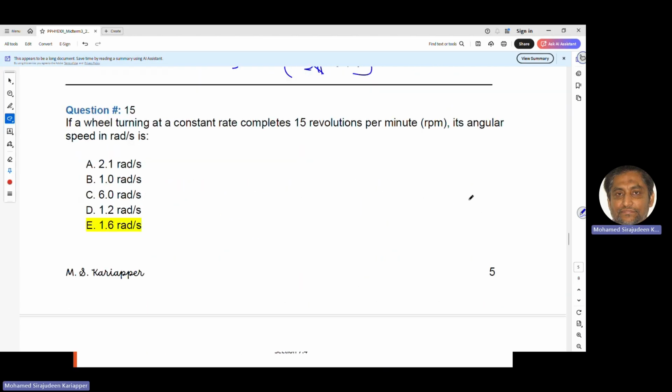Question number 15. If a wheel turning at a constant rate completes 15 revolutions per minute, RPM, right? That is called RPM, revolutions per minute. So this is the angular velocity, but you're asked to convert this to radian per second. It's a chapter 1 question, conversion of units.